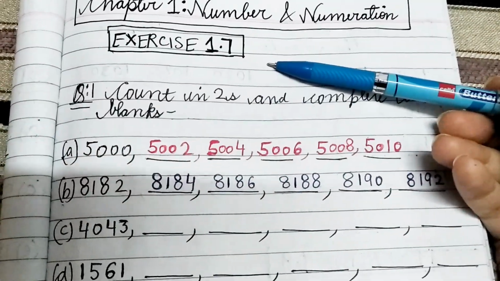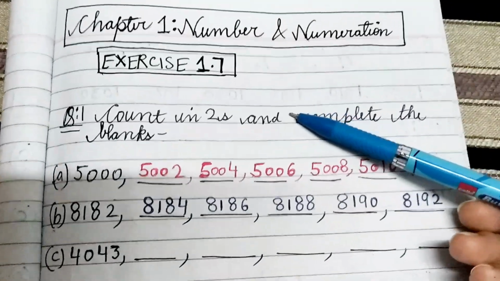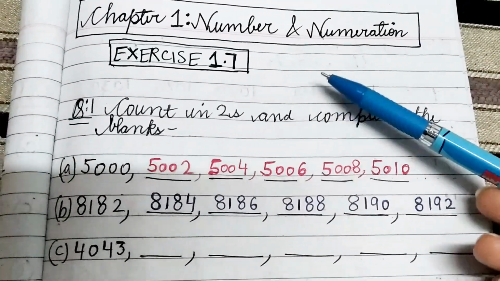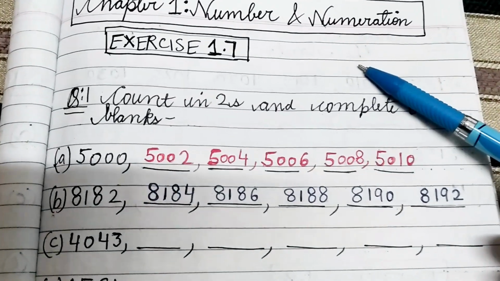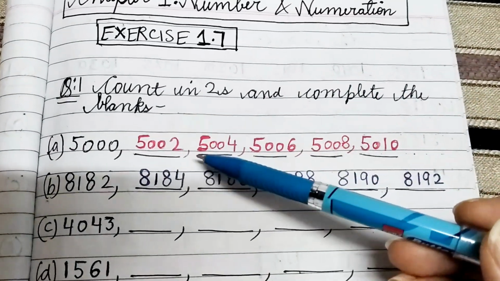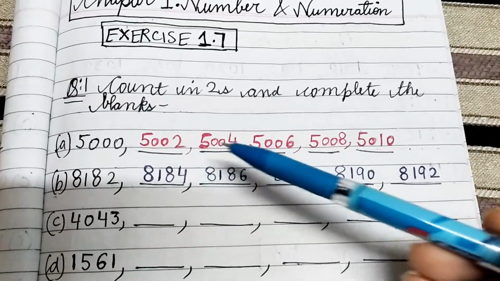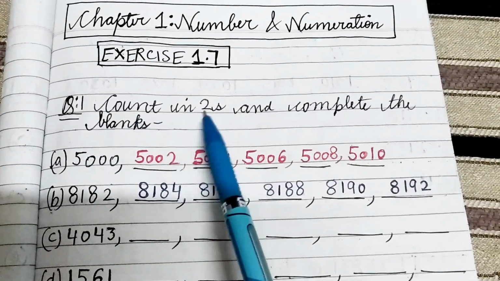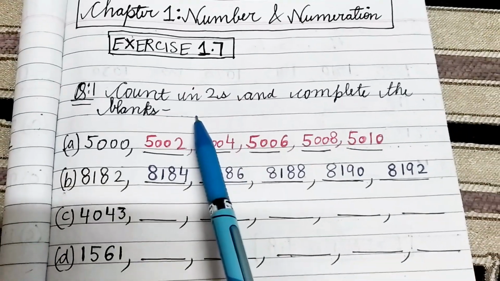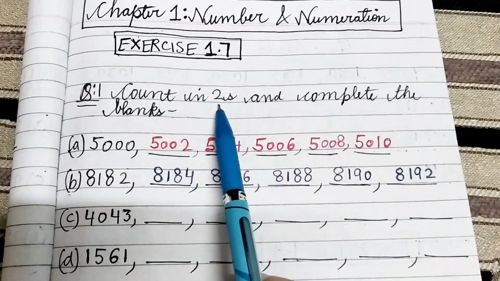First of all, I will introduce you to a rule that in skip counting, you just leave a few numbers. You omit a few numbers and you write the next number which will follow. Like here in the first question, let's discuss: count in twos and complete the blanks. Here you have to count in twos.